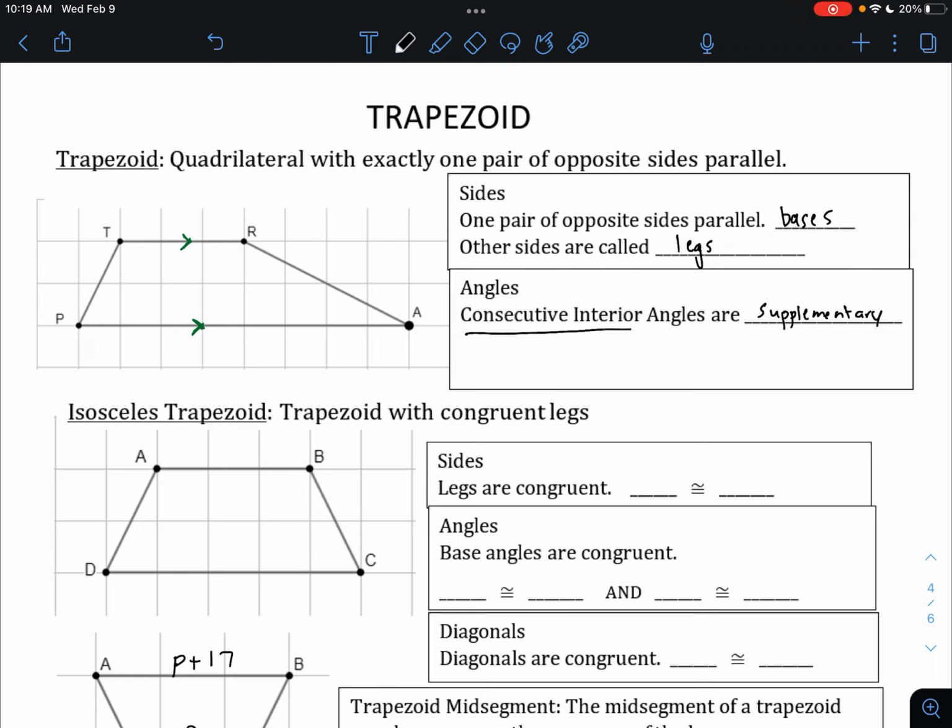So we're going to say consecutive interior angles are angles that share a leg. And that means angles T and P equal 180, and angles R and A equal 180. So both of these are supplementary. That's really all we know about all trapezoids.